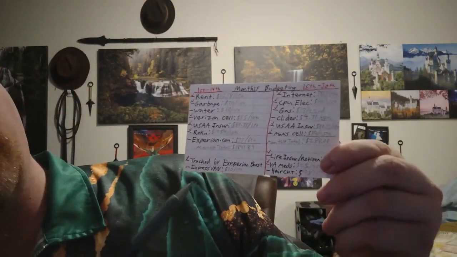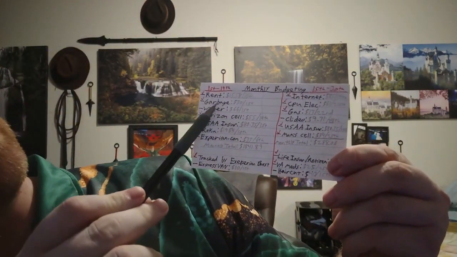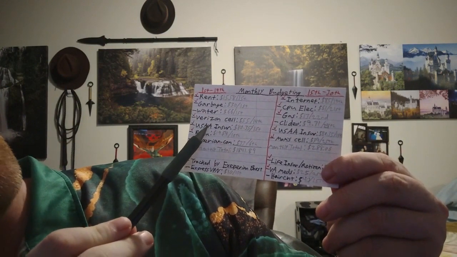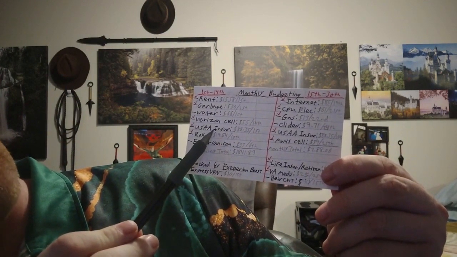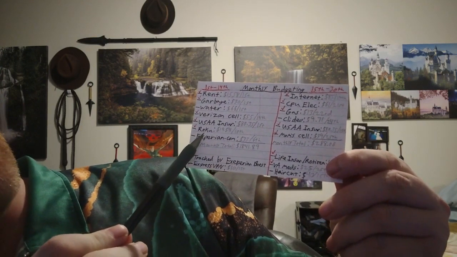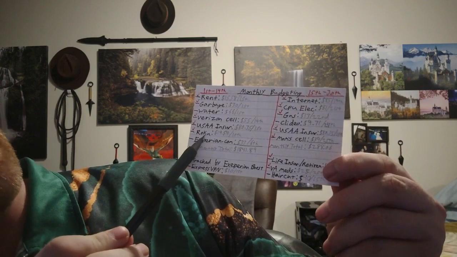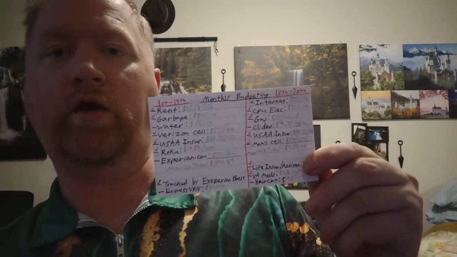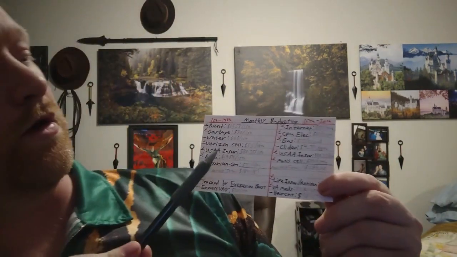What I have right here is rent, garbage, water, Verizon cell phone, my first half of my auto, renters, and personal property insurance through my bank, my mom's Roku TV channels, and Experian.com. For example, rent is $1,558.